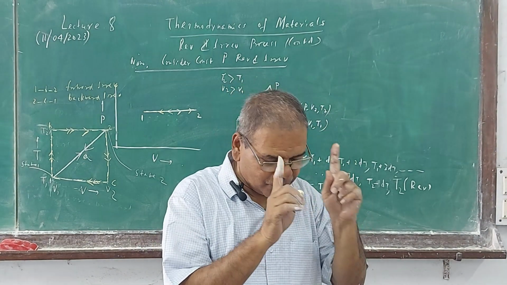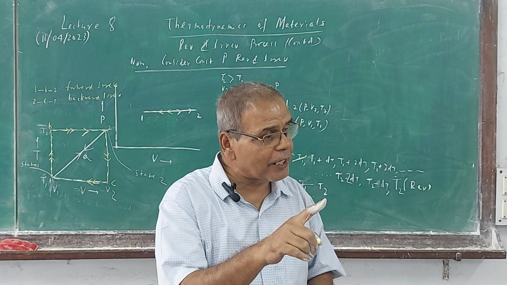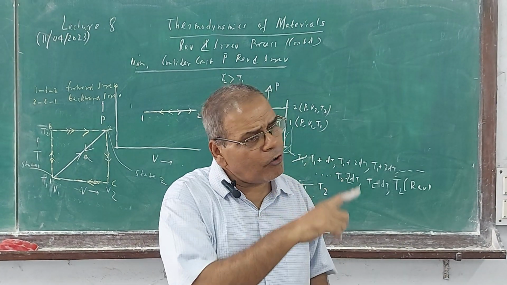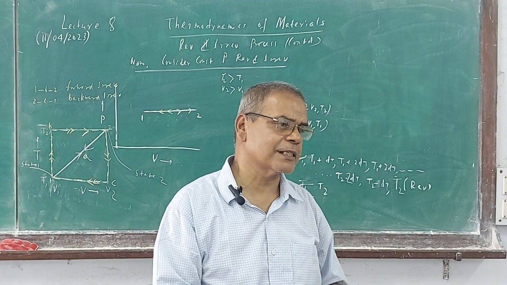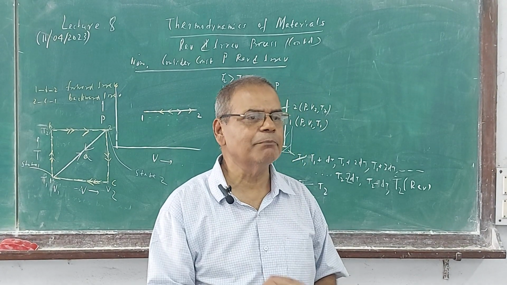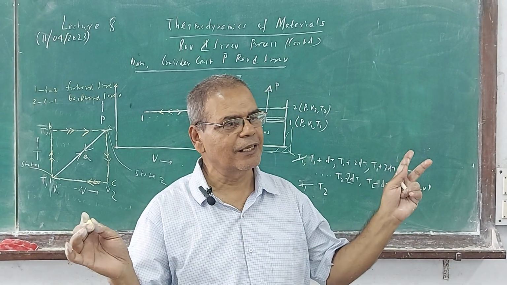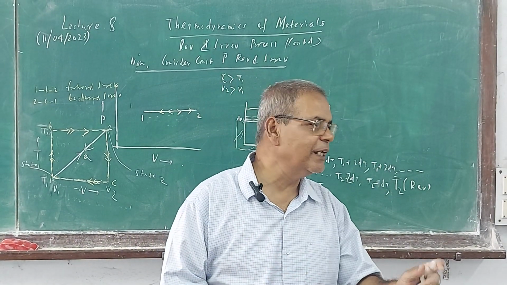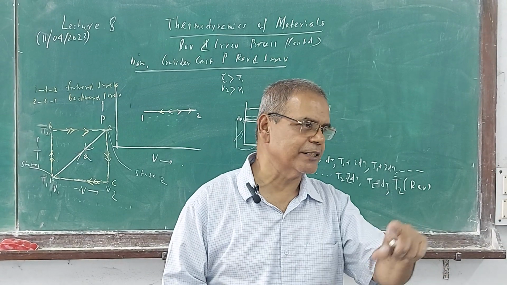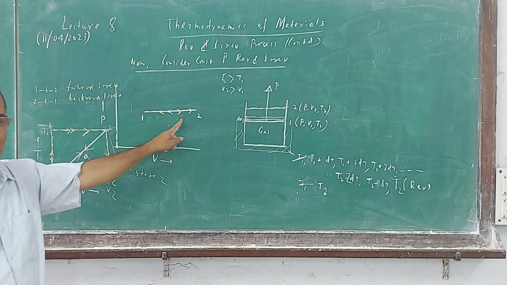There is a perfect backtrack of the forward path in all planes, namely PV, VT, PT planes. All planes, if it is reversible. But if it is irreversible, you will not see them in all planes. Why? Here you have seen it is reversal.